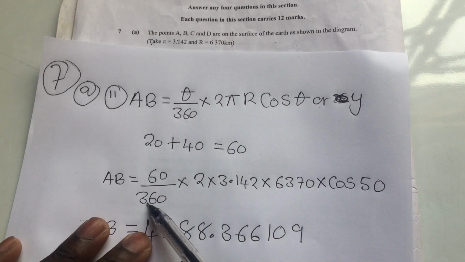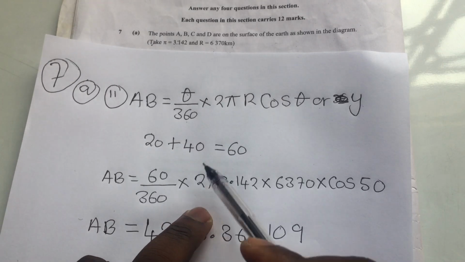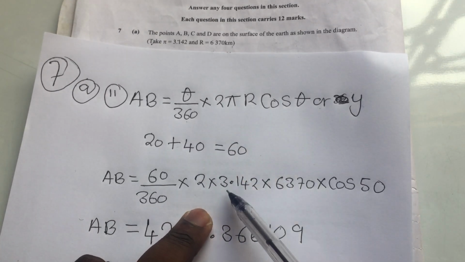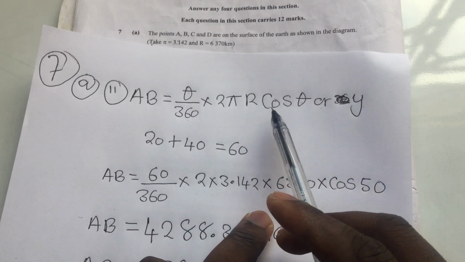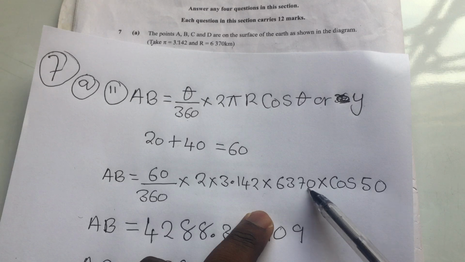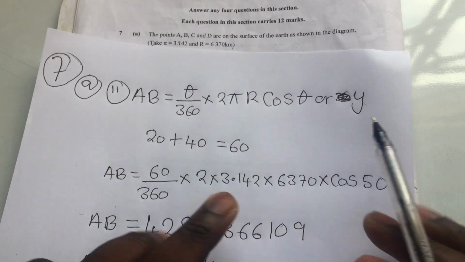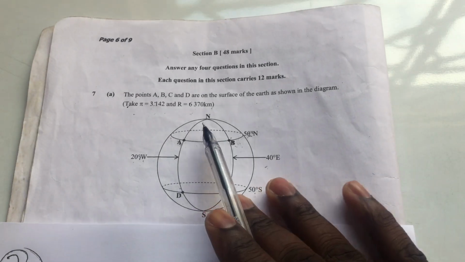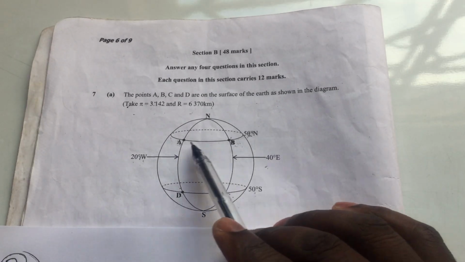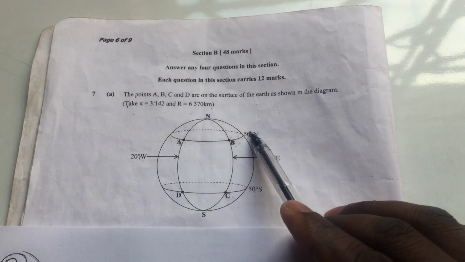60 over 360 times 2 pi, which they gave us as 3.142, times the radius they gave us in the question, 6370, times cos. How do I find the cos? It is the angle at which the letters A and B are passing, which is 50 degrees.